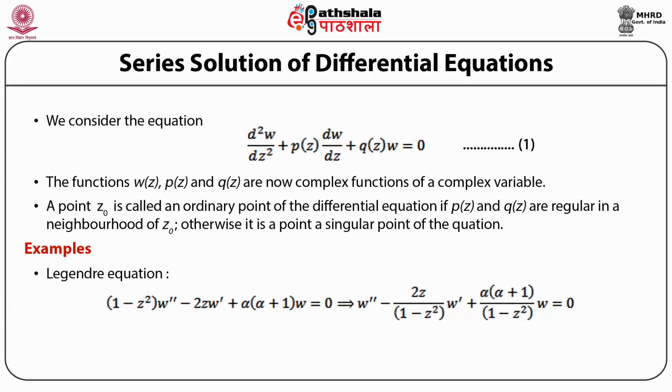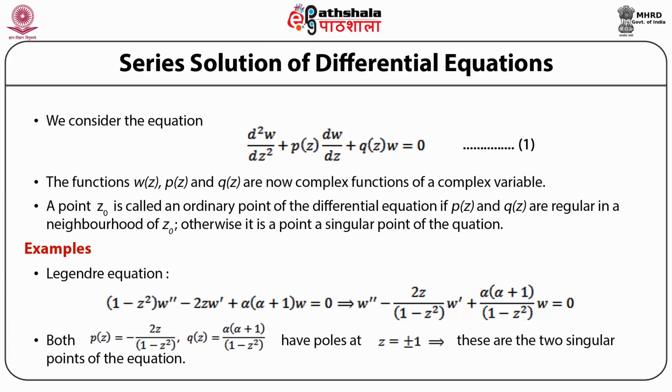Both p(z) = -2z/(1 - z²) and q(z) = α(α + 1)/(1 - z²) have poles at z = ±1. Hence, z = ±1 are two singular points of the equation and the rest are all ordinary points.